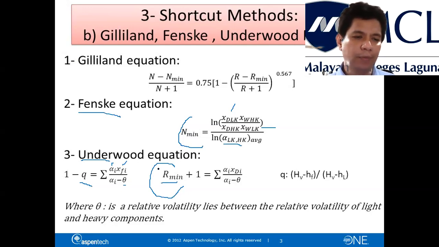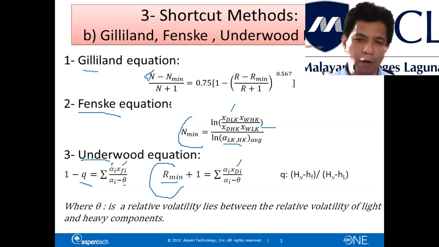After calculating theta, we're going to use the theta in the second equation to determine R minimum. The only difference in the second equation is you're going to use XDi, the composition of the distillate. After finding N minimum and R minimum, we're going to use these two values in the Gilliland equation, the third equation. The Gilliland equation will enable you to estimate N, the actual number of stages.